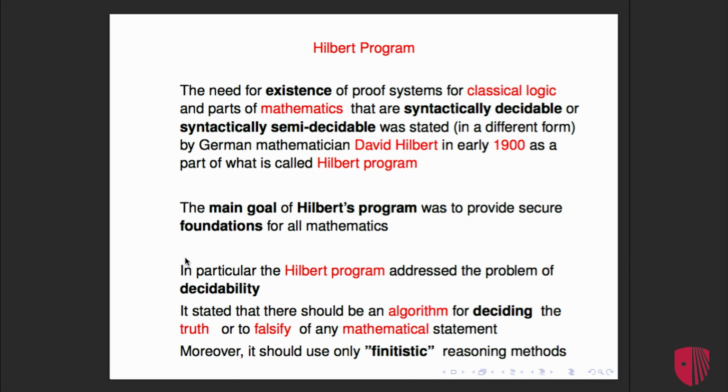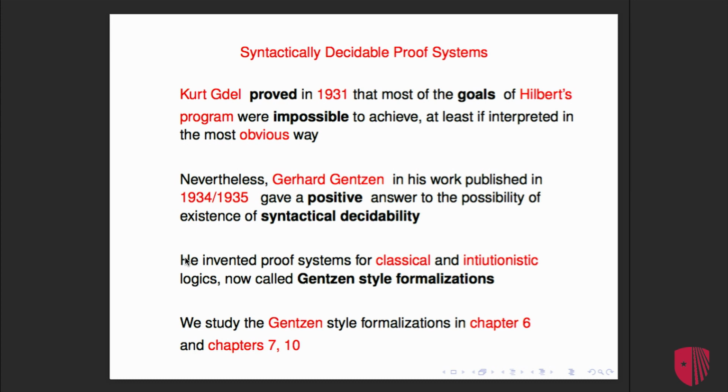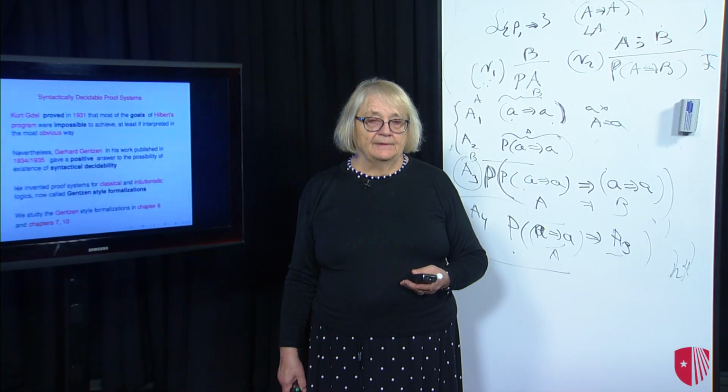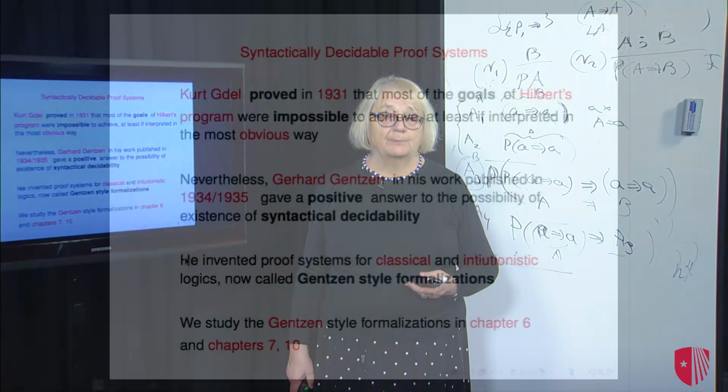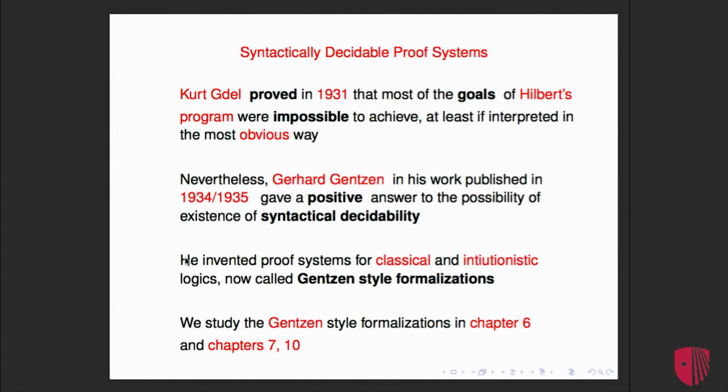Finding the proof is a finitistic method. And Kurt Gödel proved in 1931 that most of the goals of the Hilbert program were impossible to achieve concerning the foundation of mathematics.